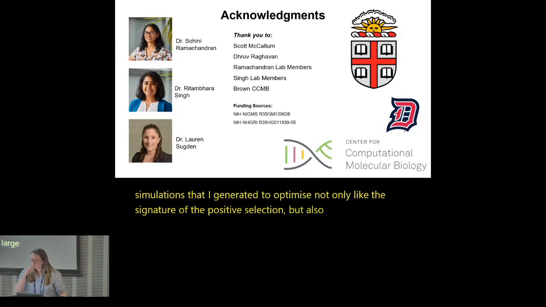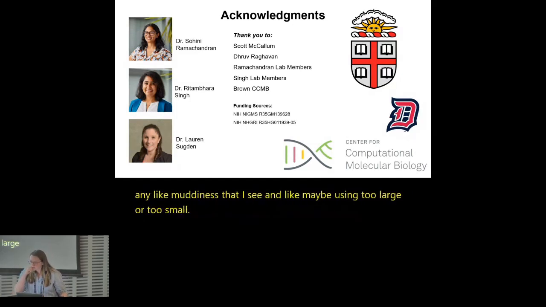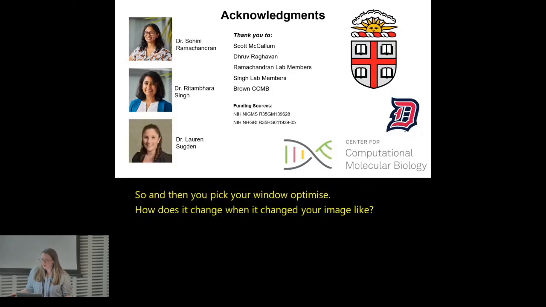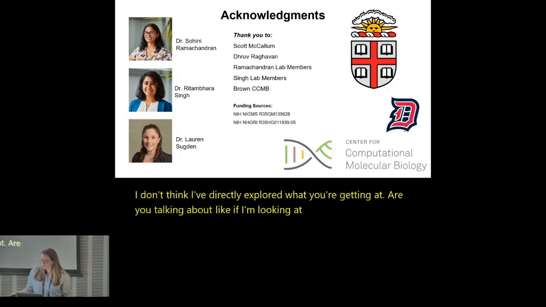In your simulation, you put in the linkage size, right? And then you pick your window and optimize. How does it change when you change your linkage? I don't think I've directly explored what you're getting at. Are you talking about looking at different simulations?